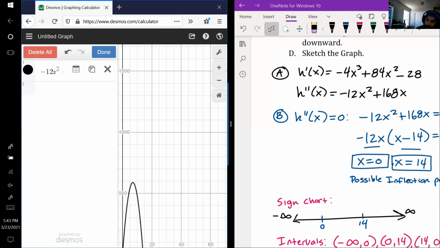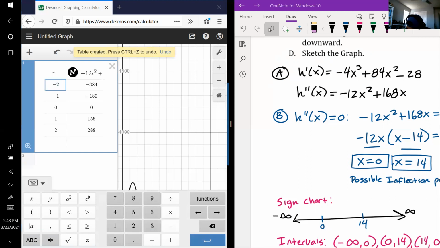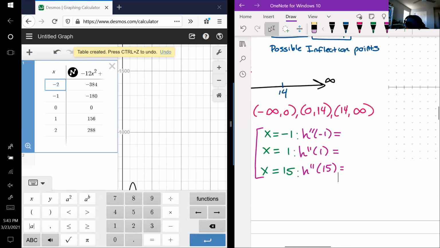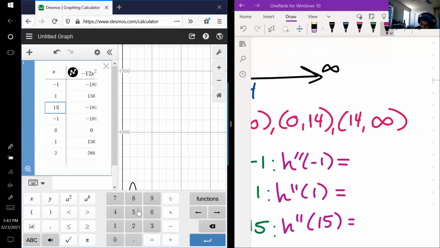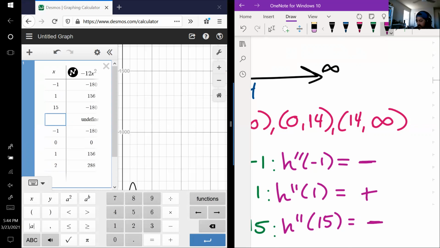Then I'll do my table feature and come back to my test numbers. Just like the first derivative sign chart, we don't care about the number. We only care about the sign. When I type in -1, 1, and 15, we see that at -1, I get a negative answer. At 1, I get a positive answer. And at 15, I get a negative answer.